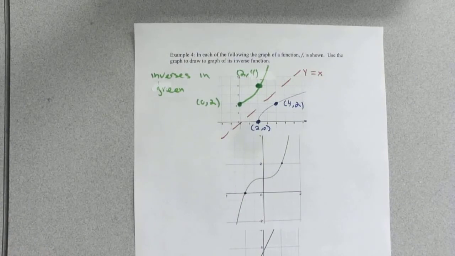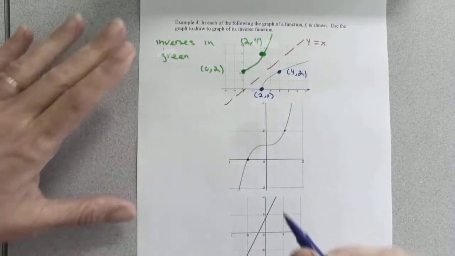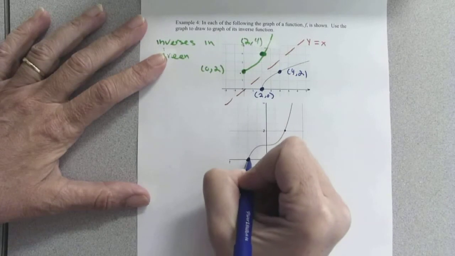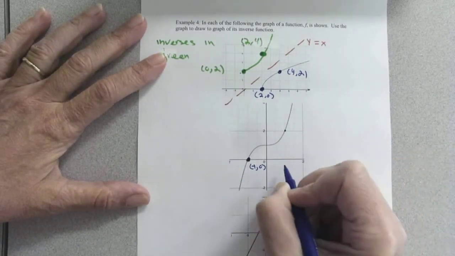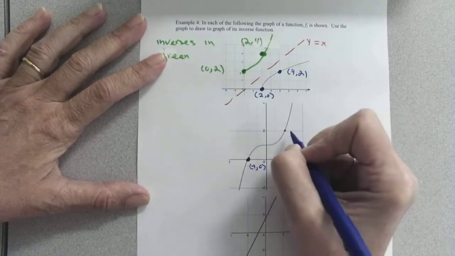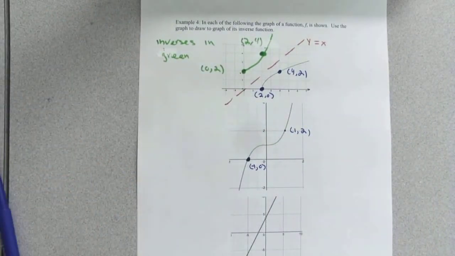We can flip the points around, and then the graph itself should look like we've reflected across the line y equals x. Let's do it again. This point here is (-1, 0), and this point here appears to be (1, 2).